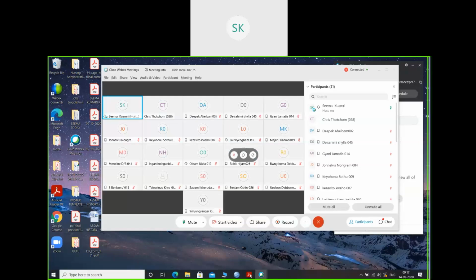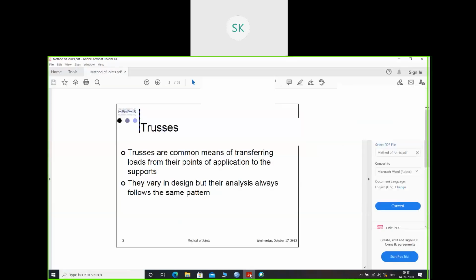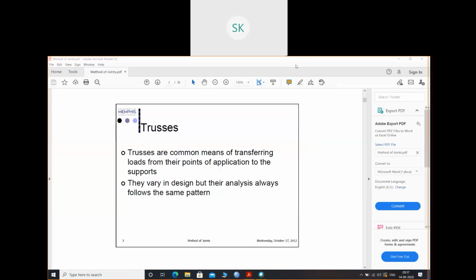Okay, how many students? 19. Okay. I'm sharing my screen. Let me know if it is visible or not. Is my screen visible? My screen is visible. Please respond.